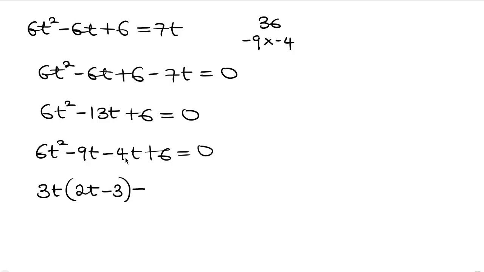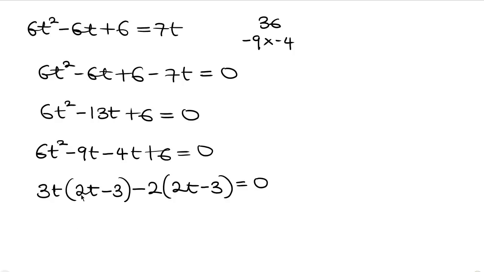Now 2 is actually common here, so let's factor out negative 2, open bracket. So negative 4t divided by negative 2, I'm going to have 2t. And then 6 divided by negative 2, I'm going to have minus 3. Very good. Equal to 0.